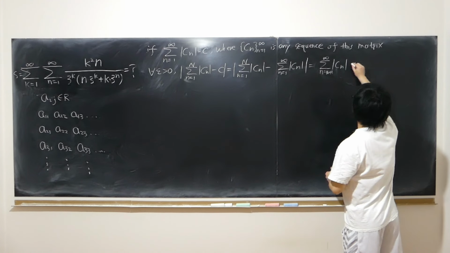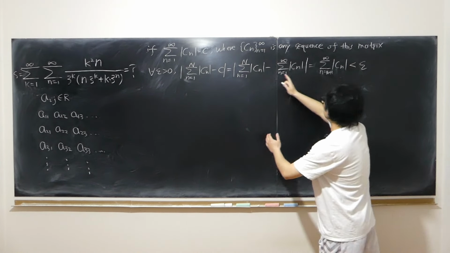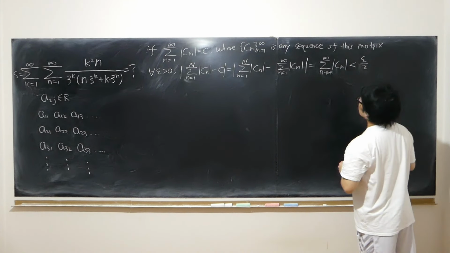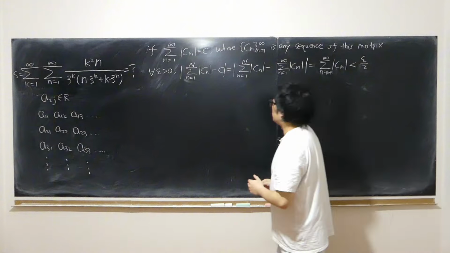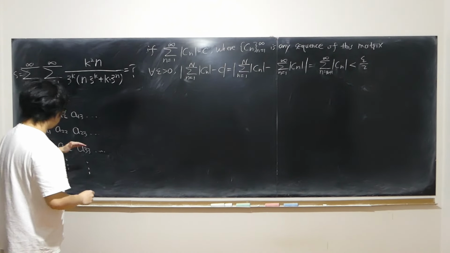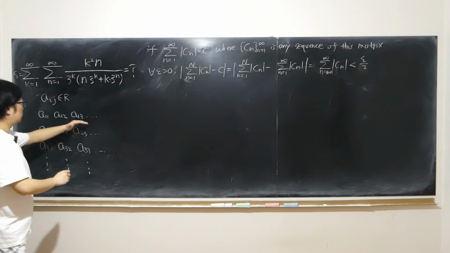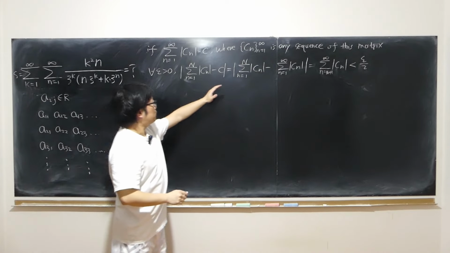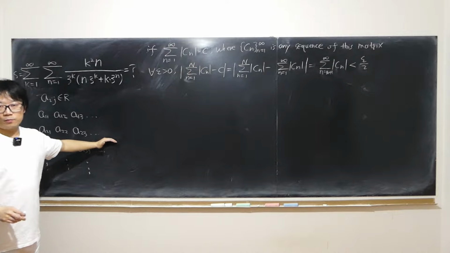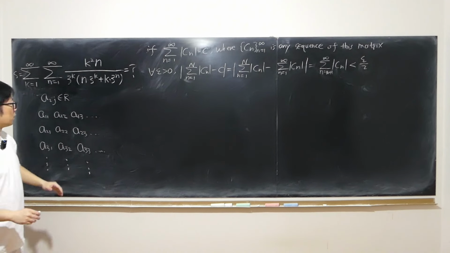Now, according to the definition, it must be smaller than epsilon, perhaps half of epsilon. This is going to be helpful because once we look at c1, c2 all the way up to c capital N, capital N might be very big, but there are still finitely many c's in here.